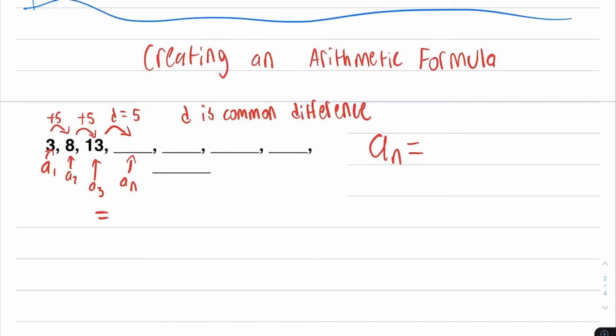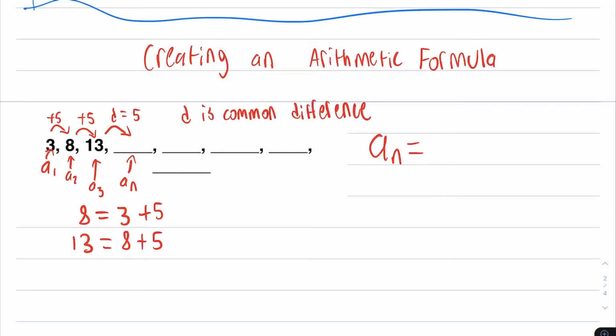The number 8 came from the number 3 because that's what we had at first. We had 3 to start with, and then we added 5 to it, right? 8 equals 3 plus 5. Yeah. Then the next one, 13, was equal to 8 plus 5.